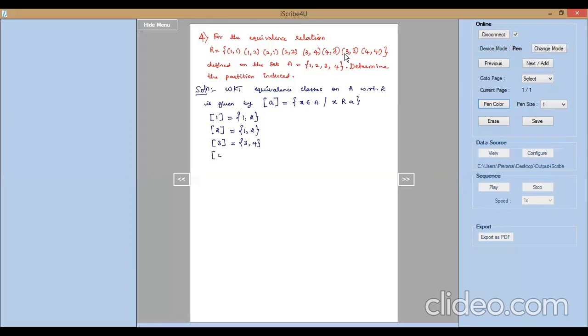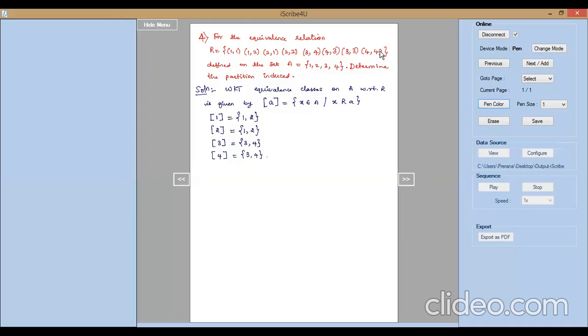Now finally, the equivalence class of 4. I am observing that 3 is related to 4 and 4 is related to 4. So {3, 4} is the equivalence class of 4.